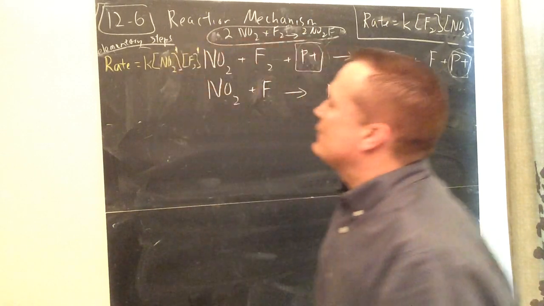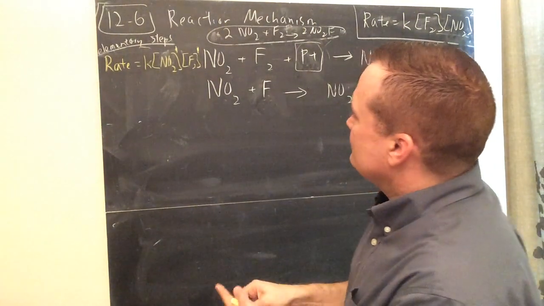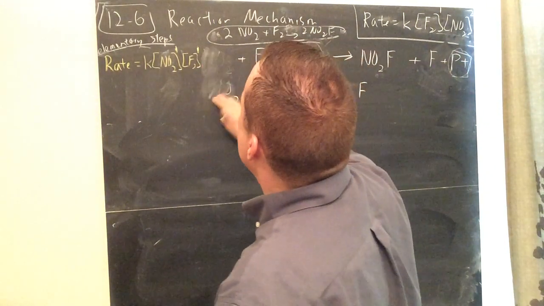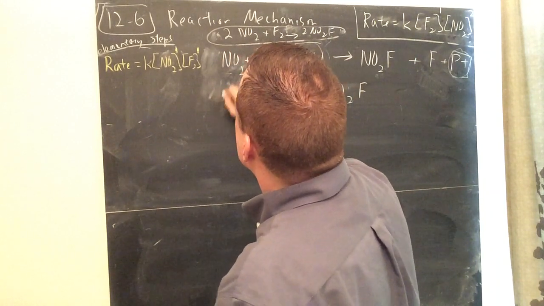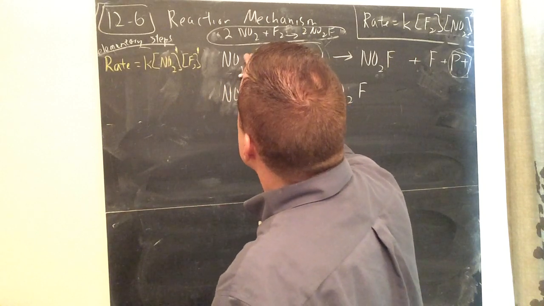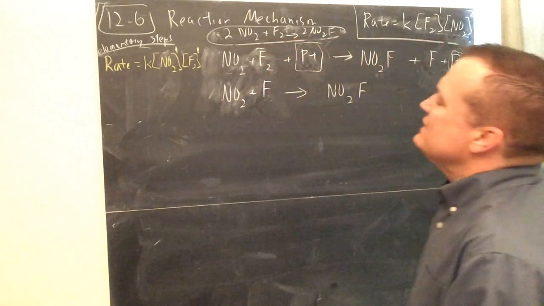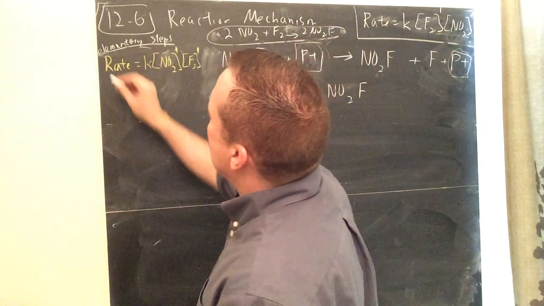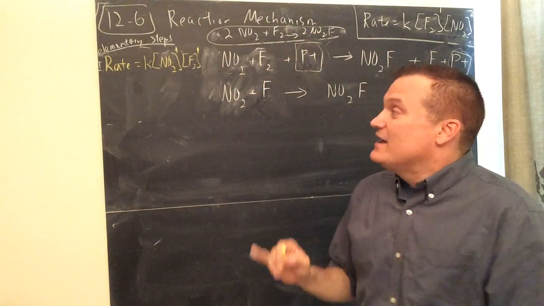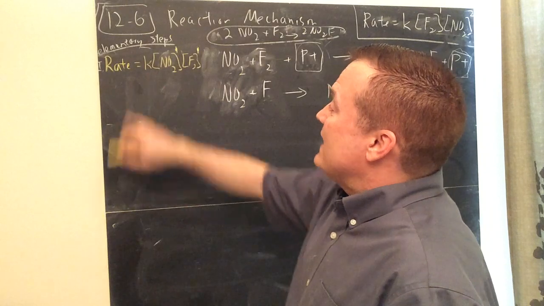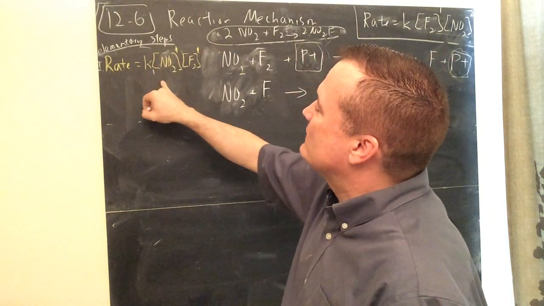I want you to see what I'm doing right here. How in the world do I know that? Let me write this over here and I'll show you. NO2 plus F2. Elementary step number 1. Elementary reaction 1. This is the rate law. So here's a rule about mechanisms. For the elementary rate law, I'll call it K1, step number 1.